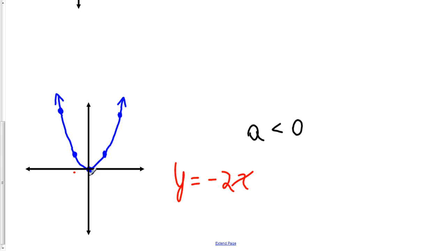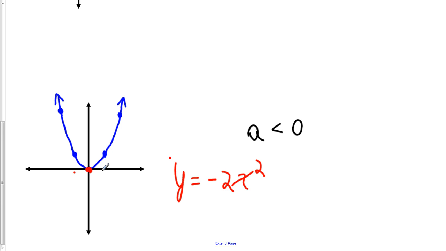Well, what that has the propensity to do is, you still get the point 0, 0 on there, but when you go 1 to the right, instead of going to 1, 1, you square the 1, which is 1, but then you multiply by negative 2.